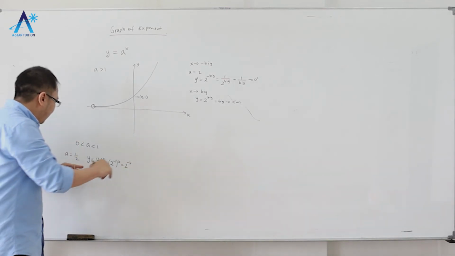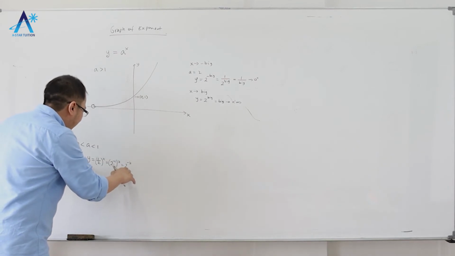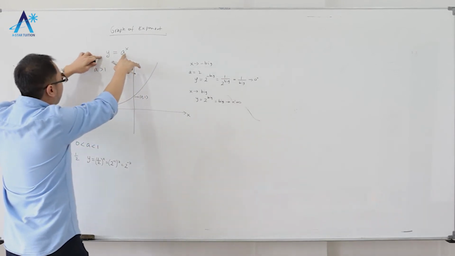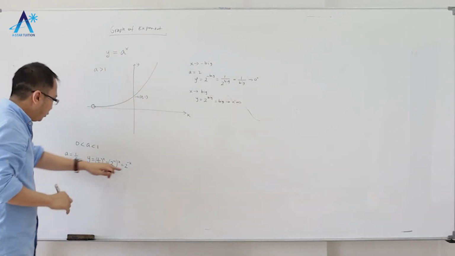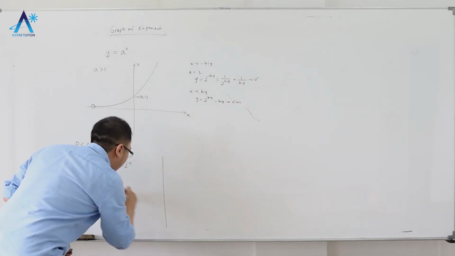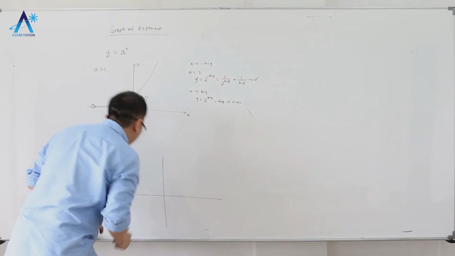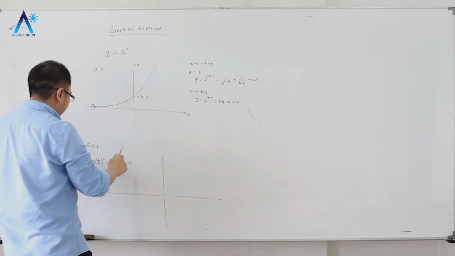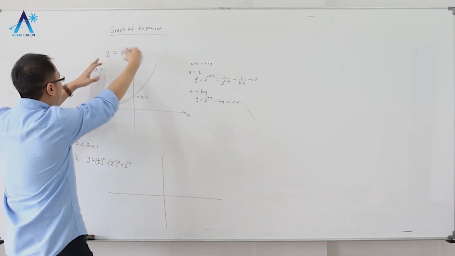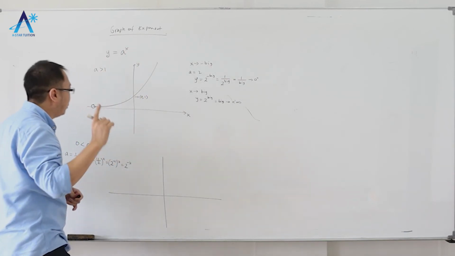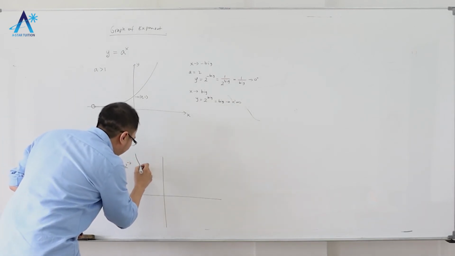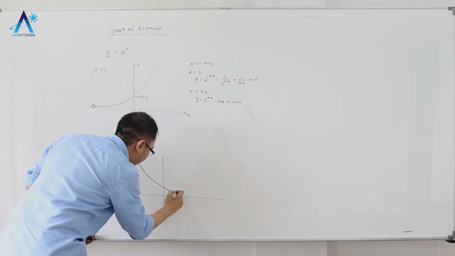Now, there is a resemblance between this equation and the previous equation, 2 to the power of x. The graph of 2 power negative x is essentially the reflection of the graph of 2 power x by the y-axis. And therefore the graph of 2 power negative x would look like this.